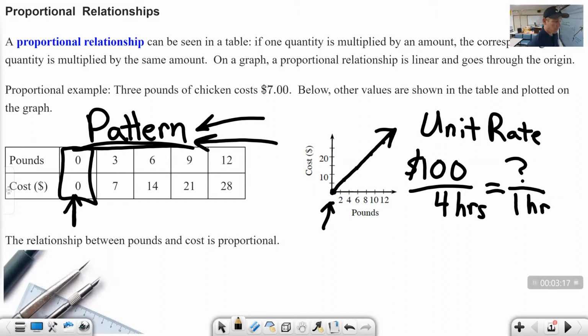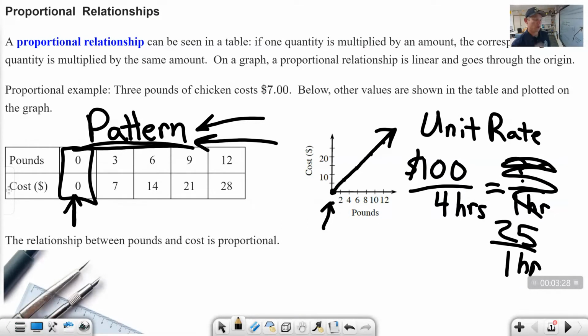Well, 100 divided by 4 would give me $25 an hour. Okay? A fraction that has 1 as the denominator. This is the key to understanding how proportional relationships work, is finding that unit rate.